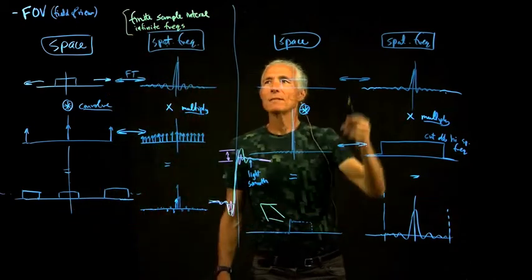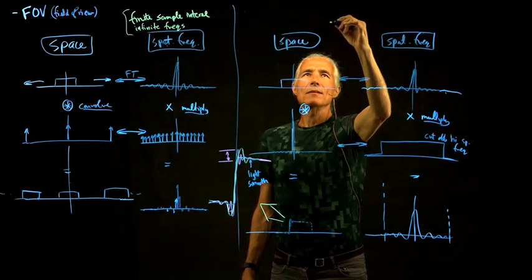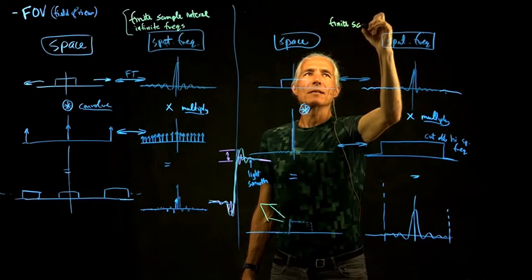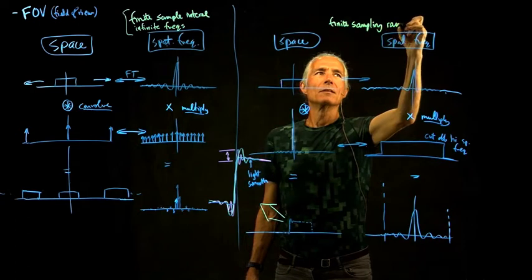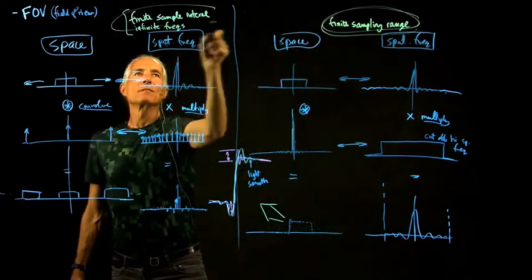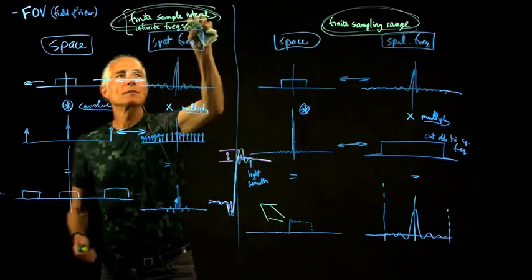This one was finite sampling range. So that was finite sampling range. This was finite sampling interval. So those have two different effects.